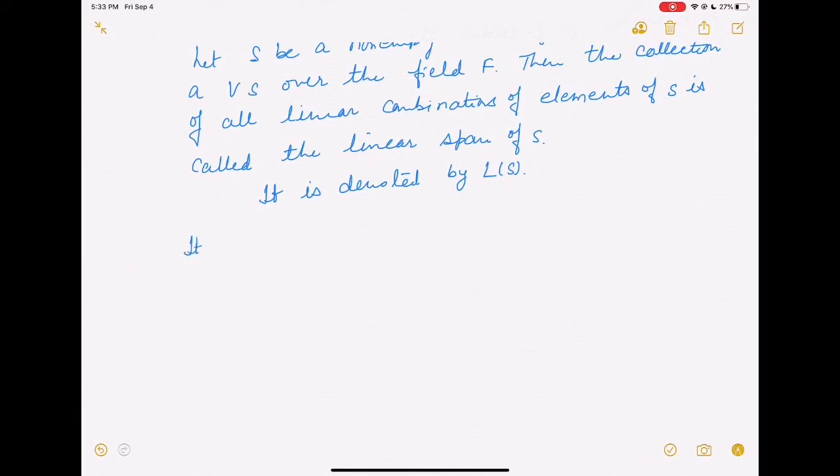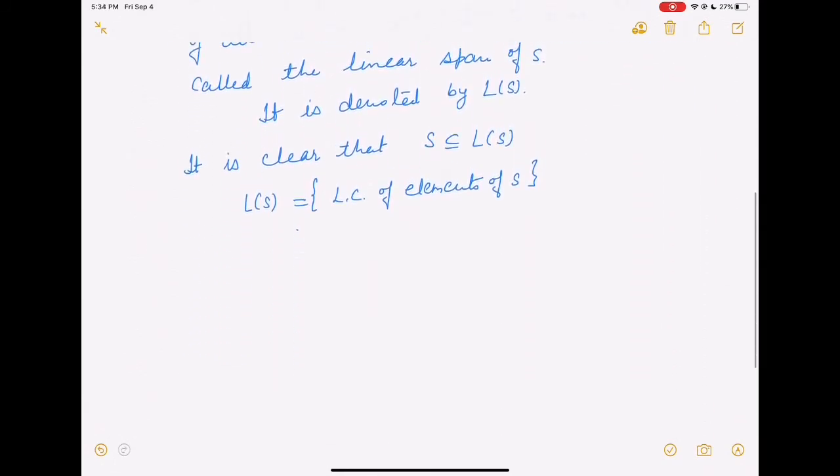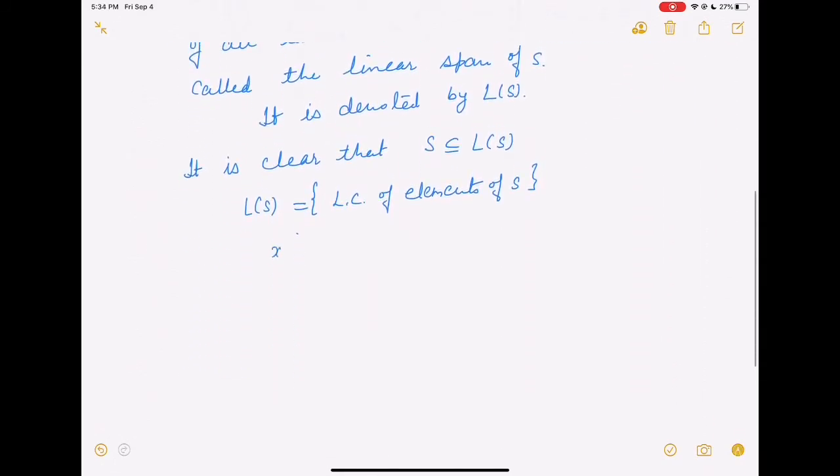It is clear that S is always a subset of L(S), because L(S) contains the linear combinations of elements of S. Each element is itself written as a linear combination of the elements of S. If x belongs to S, then x can be written as 1 dot x.